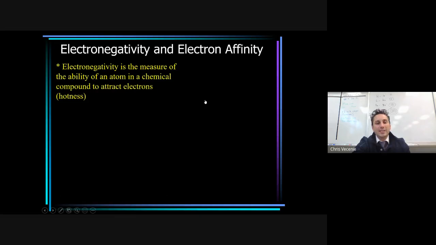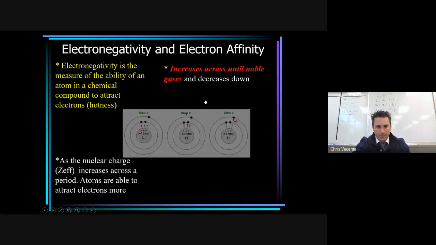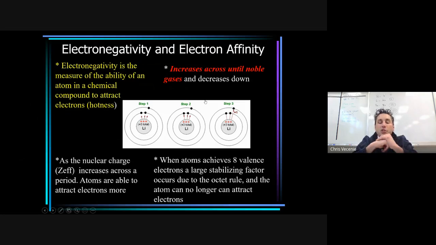If you ever want to explain a noble gas exception, you want to use what we call the octet rule. When atoms achieve 8 valence electrons, 8 dots on the outer ring, there's a big energy release that makes them not want to attract more because it destabilizes them.